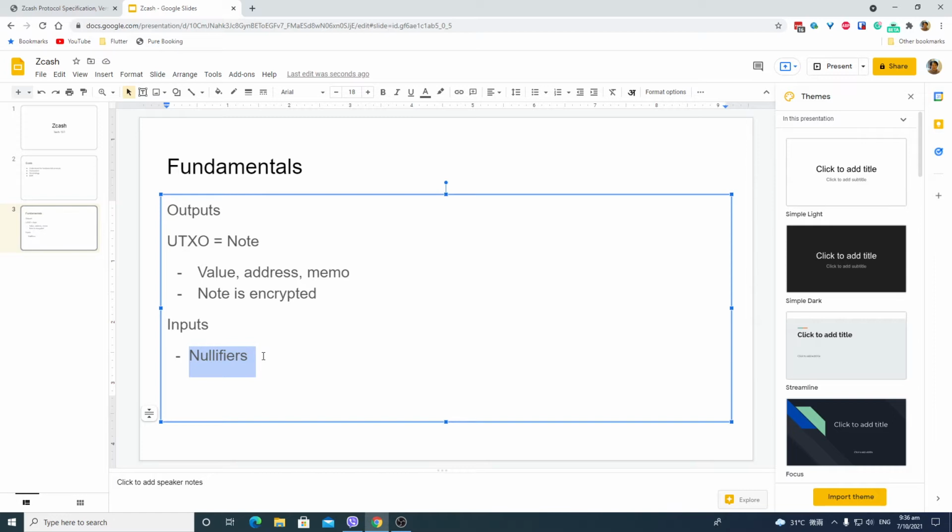Another important point is that the nullifier is uniquely associated with the node, right? That's very important, because when you create a nullifier and publish it in a transaction, the people who receive these transactions will not be able to decode the nullifier. Actually, nobody really can. But they will see if that nullifier was used before. So they have to keep track of every nullifier that went through the network in order to detect double spends.